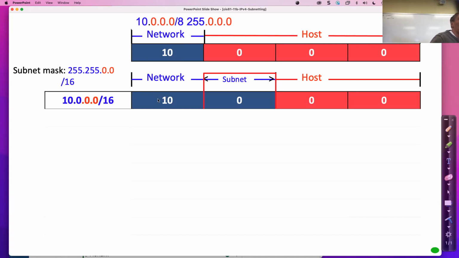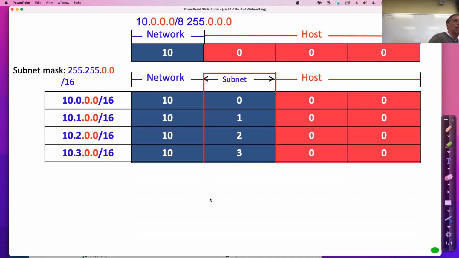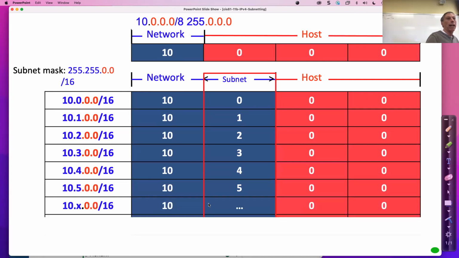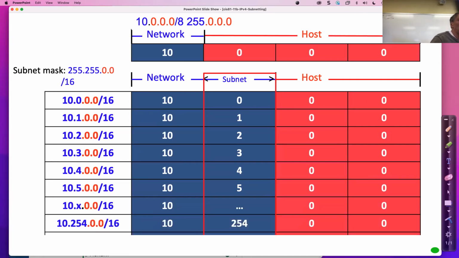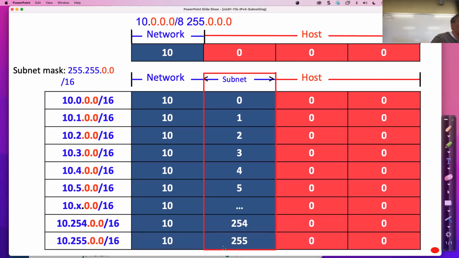But internally, as an ISP, we're going to subdivide what was given to us into these subnets: 10.0.0.0, 10.1.0.0, 10.2.0.0, 10.3.0.0, 10.4.0.0, 10.5.0.0. I can keep on going until 10.254.0.0, 10.255.0.0. So what this has done is given me 256 subnets.